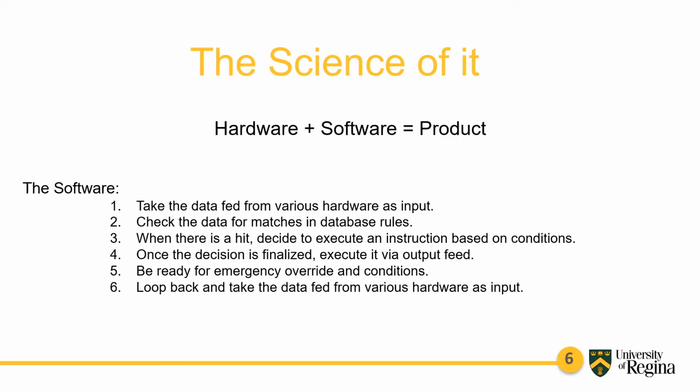Based on possible matches, the system then decides to execute a certain instruction set, and once ready, it is sent to the output feed to be executed. It is important to note that the system is always ready to execute and prioritize emergency protocols and override conditions above everything else. The system loops back to repeat this process infinitely many times.